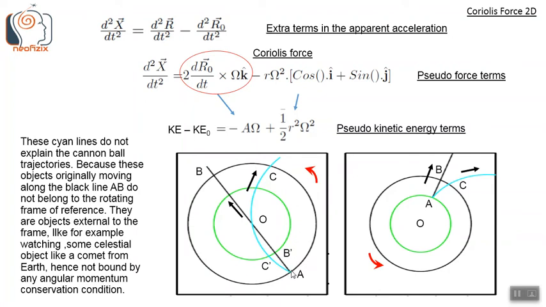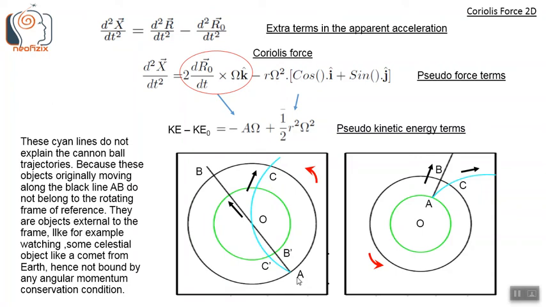If the outer circle is part of the rotating frame, then by the time the object reaches the point B, suppose this point B is fixed in the inertial frame, it is not moving with respect to the inertial frame, and we also assume point A is fixed in the inertial frame.